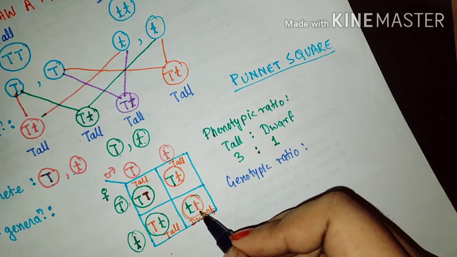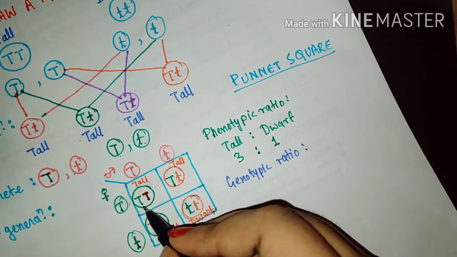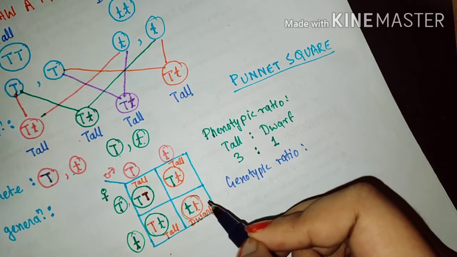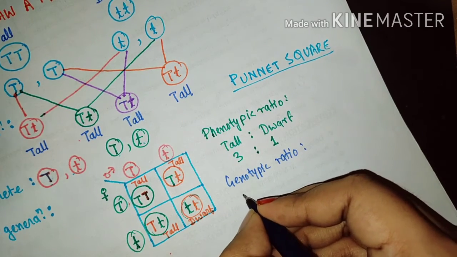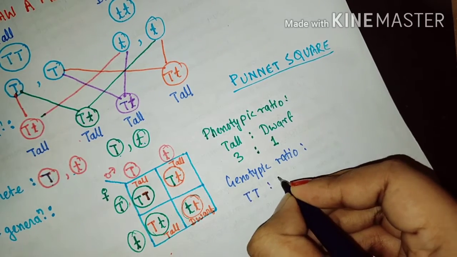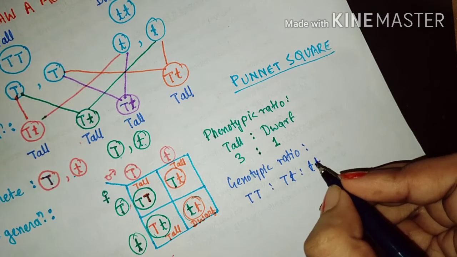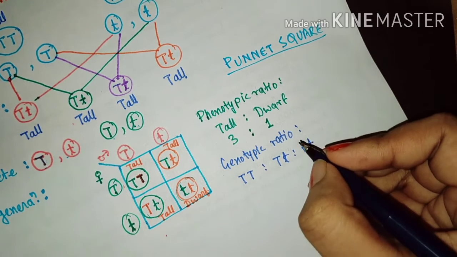Small t, third type of gene. Means 3 types of genes you are seeing in this. You will see these 3 types of genotype in the F2 generation of monohybrid cross.